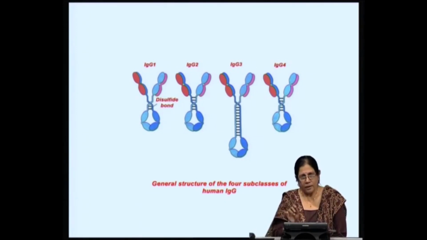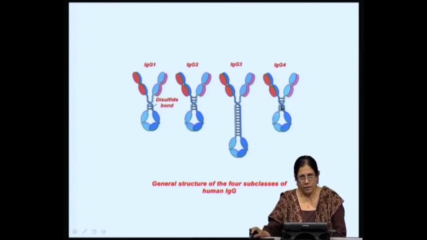Remember that there are constant domain regions in the immunoglobulin gene itself, and these are found soon after the gene for IgD. So, you have IgM, IgD and then you have the IgGs, the different domains of the 4 types of IgG, IgG 1, 2, 3 and 4.